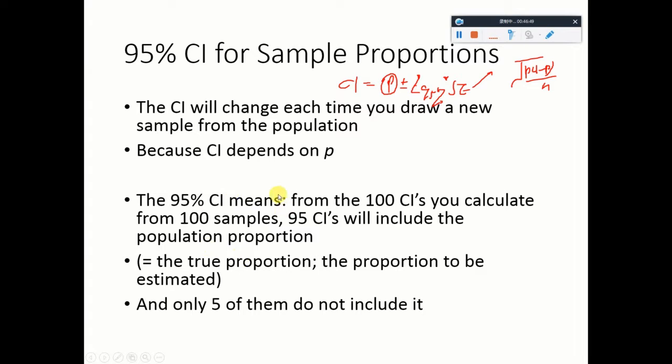Okay, so that's another way to understand this 95% confidence interval.